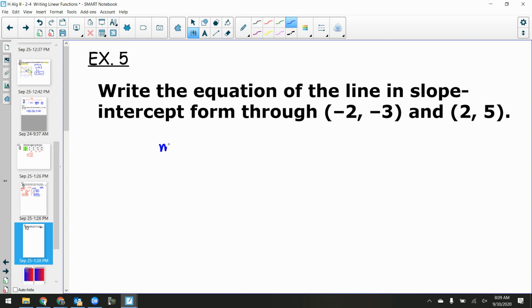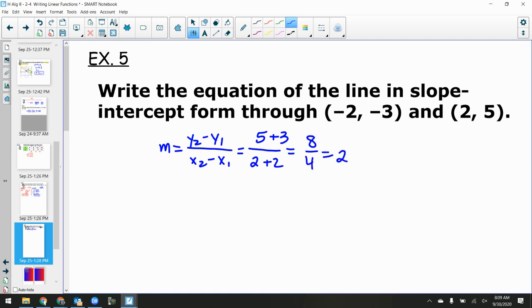The slope formula again is y2 minus y1 over x2 minus x1. So that gives me 5 plus 3. I'm saying plus because it's minus a -3, over 2 plus 2. And again, I'm saying plus because it's minus a -2. So it's 8 over 4, which is 2. My slope is 2.